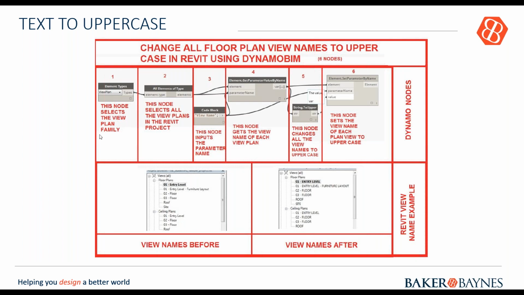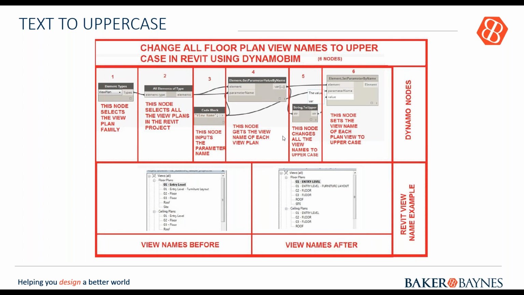Okay, so I'll take you through the entire workflow. The first node selects the view plan family. Second node, this will select all the view plans in the Revit project. The third node will input the parameter names from the Revit project. The fourth node gets the new name of each view plan.